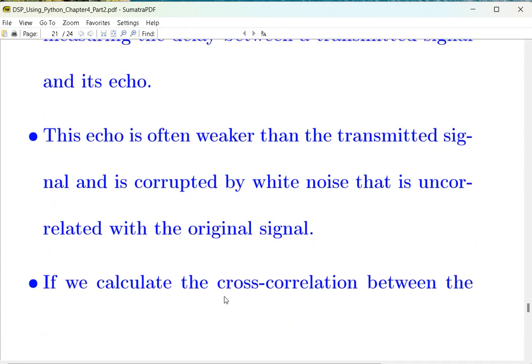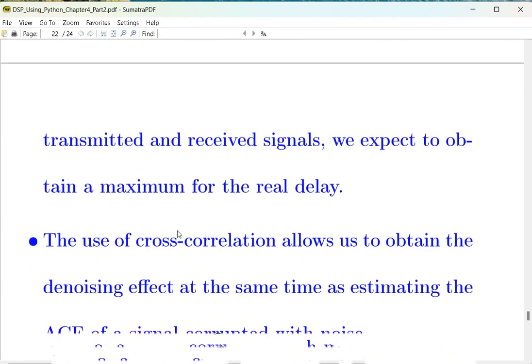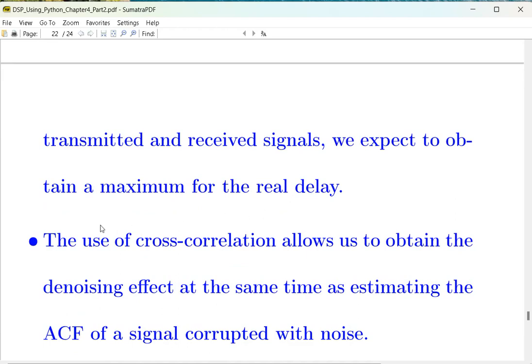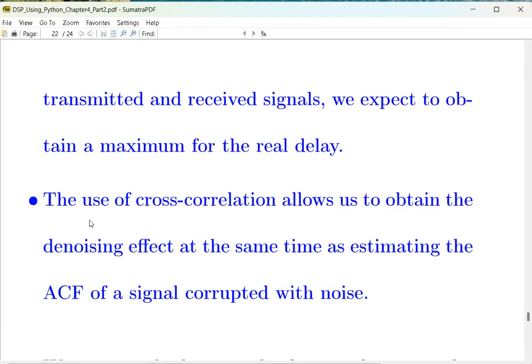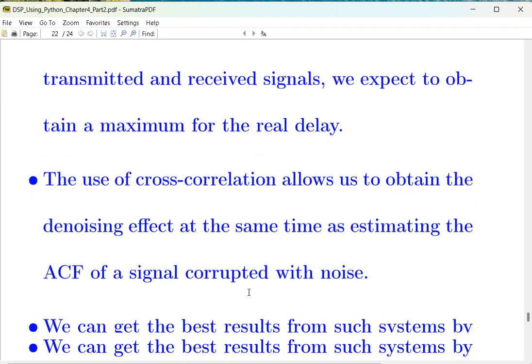If we calculate the cross correlation between the transmitted and received signals, we expect to obtain a maximum for the real delay. So, the use of cross correlation allows us to obtain the denoising effect at the same time as estimating the ACF of a signal corrupted with noise.